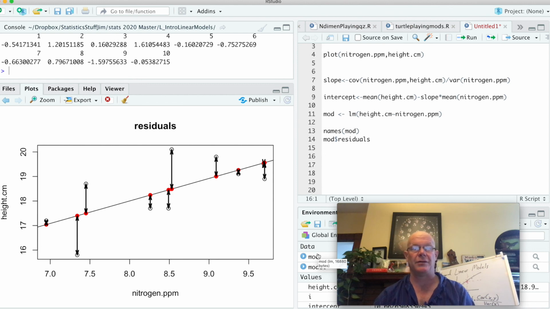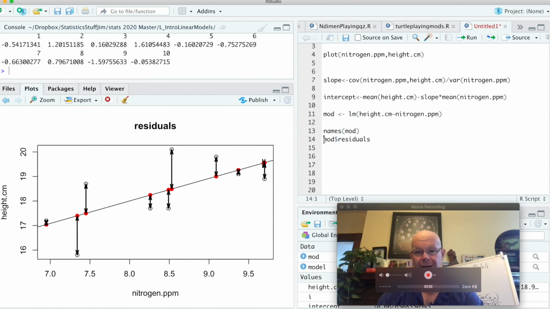But once we've done the model, the next thing we can do is look at the distribution of the residuals, because the residuals should also be normally distributed.